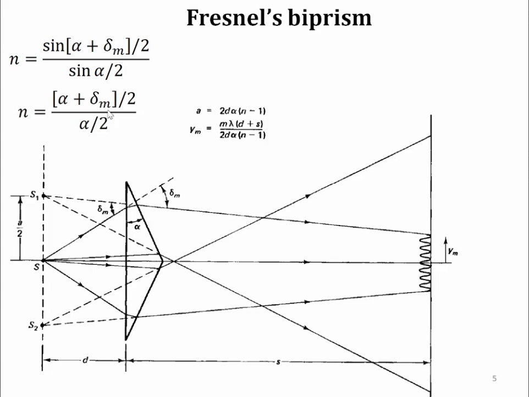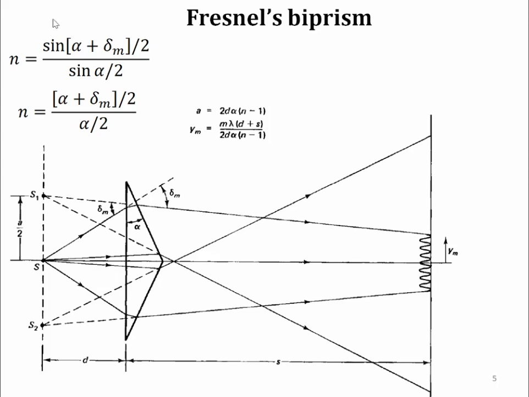Now alpha and delta m are very small, because this also won't be deviated very much. It just appears here that it is deviated a lot because we have drawn the biprism with this angle very large. Practically this angle is very small, so the ray is deviated very little from its original path. That's an important thing here. Fine.